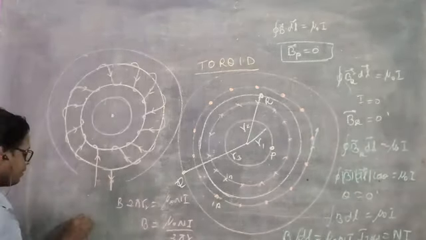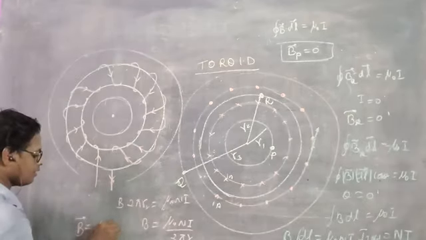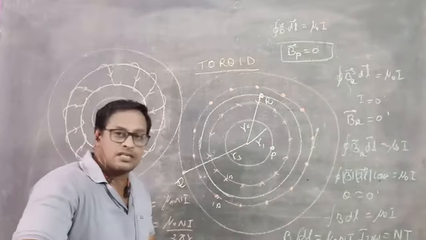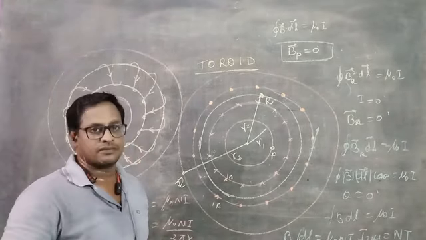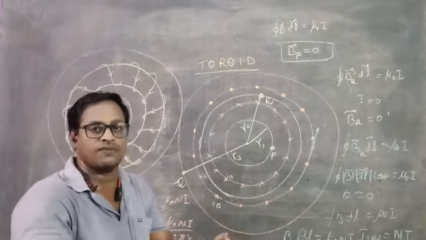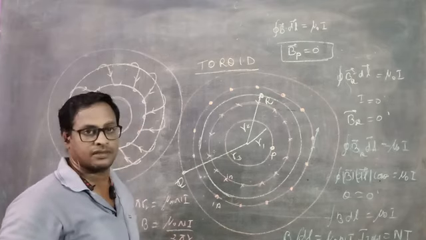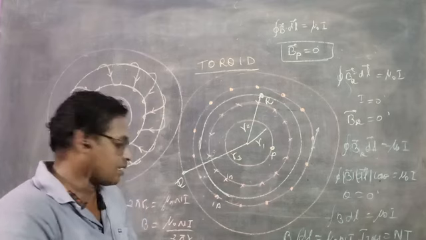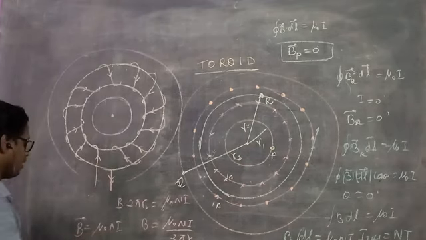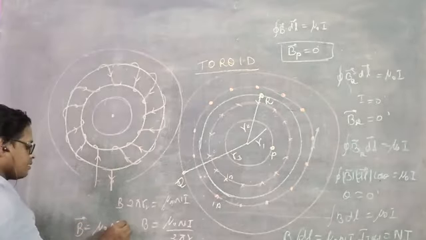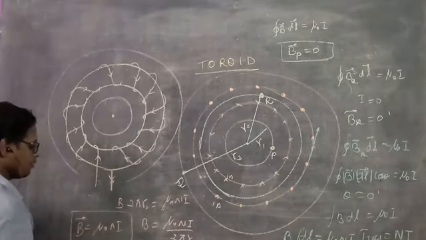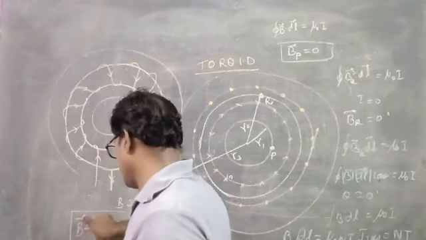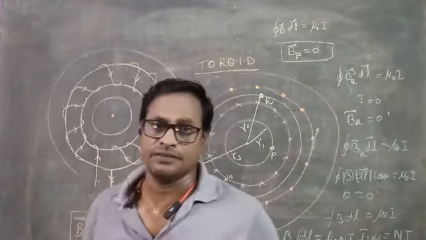We get B vector is equal to mu naught n I. N is the number of turns in the circle. If it is in the form of a circle, the number of turns in the circle is represented as N. So N divided by 2 pi R, the entire circle, gives the number of turns per unit length, which is n. So B is equal to mu naught n I. Okay, this is the formula for finding the magnetic induction of the solenoid. This is B. B is equal to mu naught n I. Thank you.